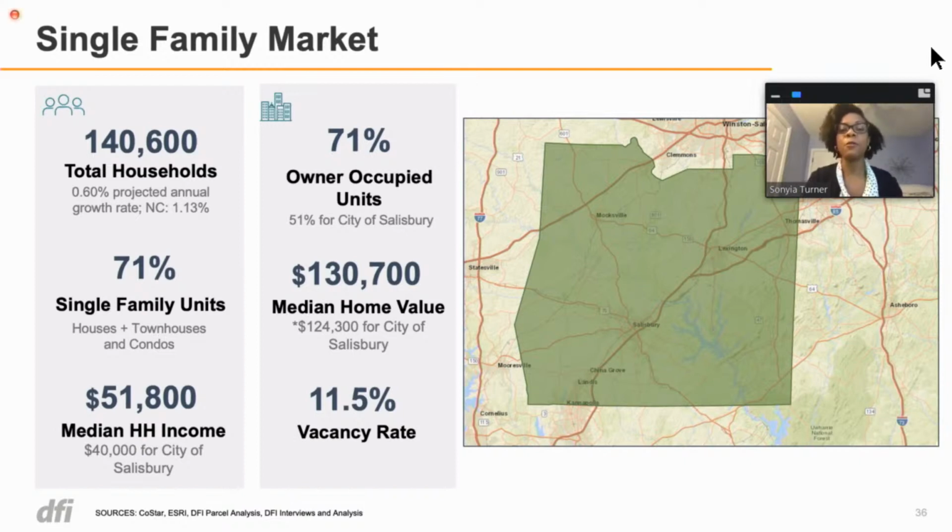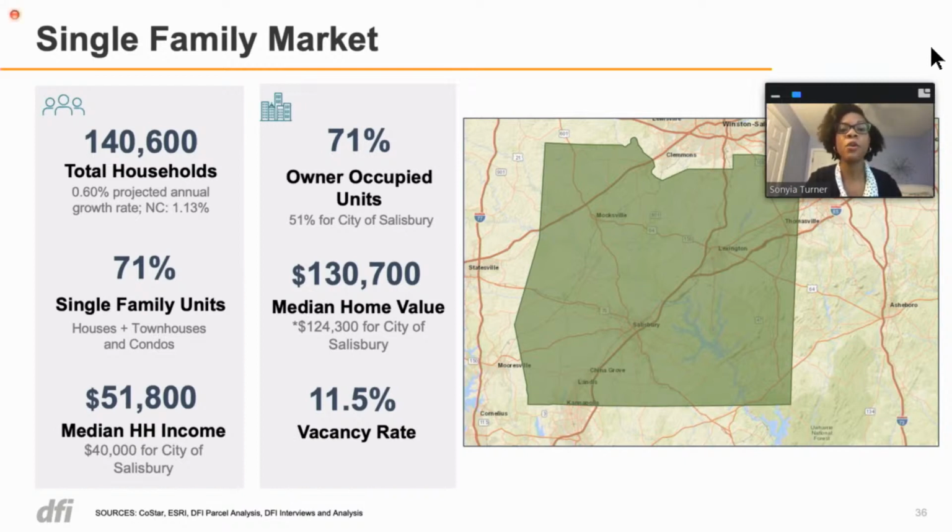What we found in our research is that there has been slow housing production since 2010, and that over half of the housing stock was built pre-1970. So there's a lot of housing stock in this area, but specifically in Salisbury, that is aging or has already aged and is not in as great condition, and that does contribute to this vacancy rate we found.